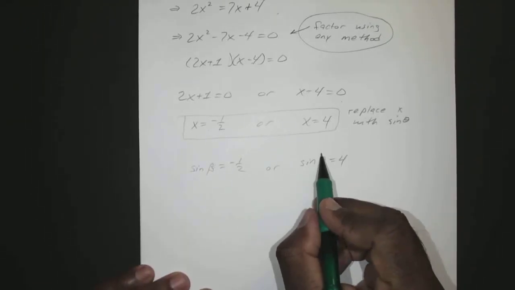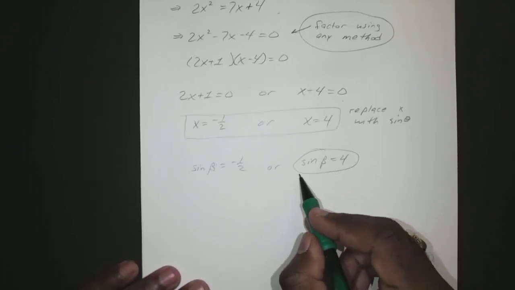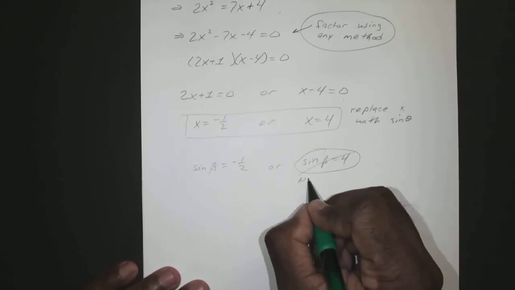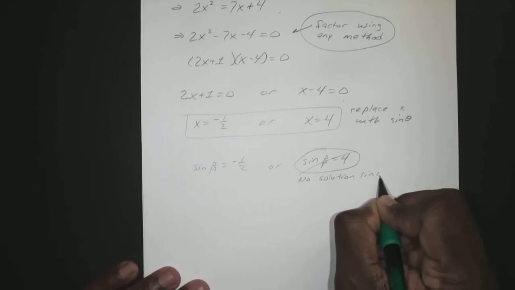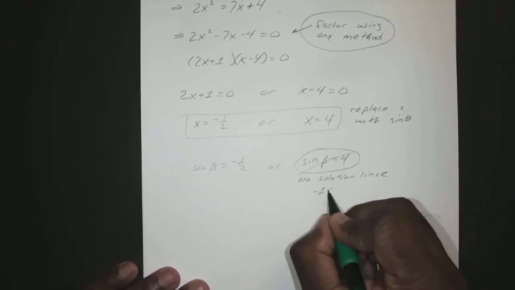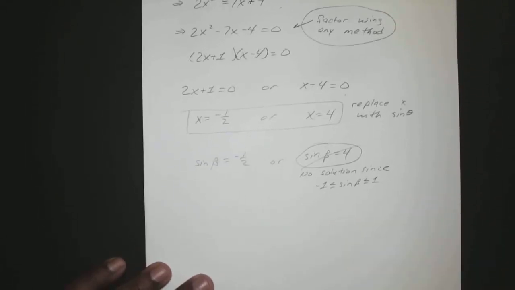Don't even have to worry about that one because it's bigger than 1. If it's bigger than 1 or smaller than negative 1, it's no solution, since sine is between negative 1 and 1. Which means we only have to worry about the one on the left.